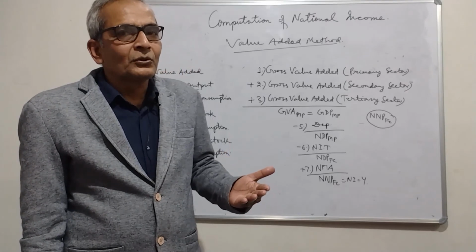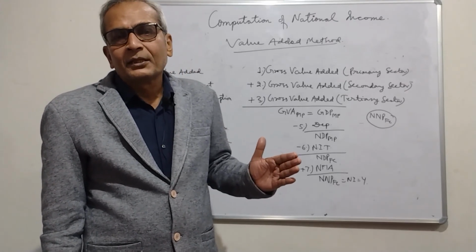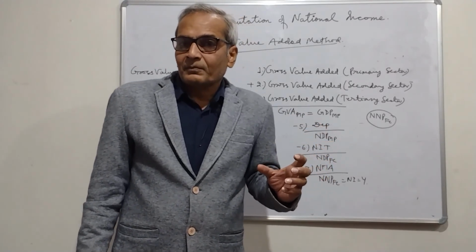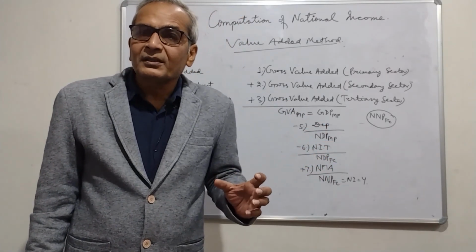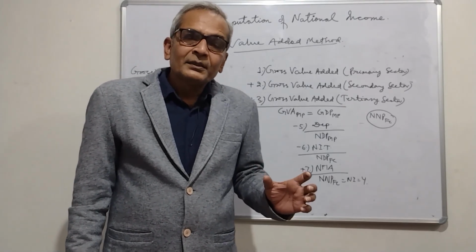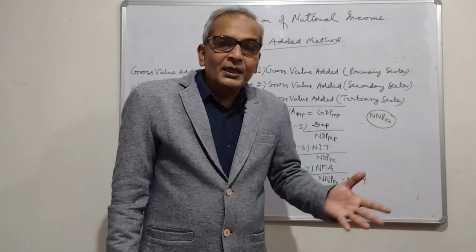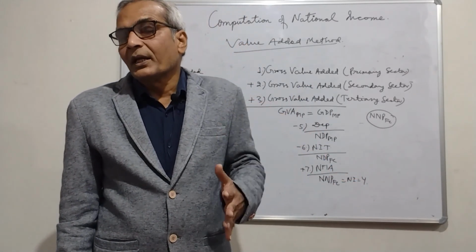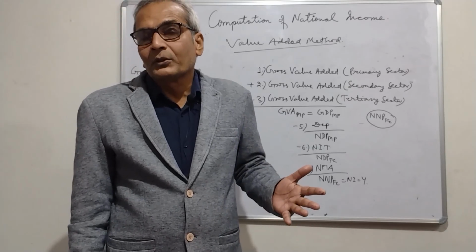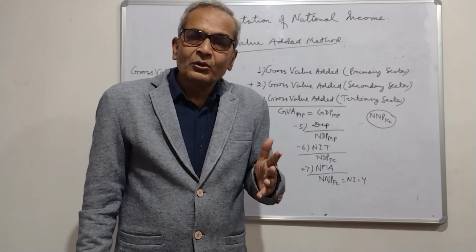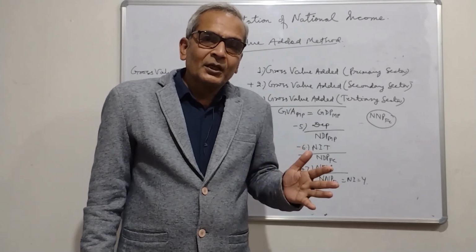In my next video, which will be the last in the series, we will be talking about the various precautions that we are required to follow while taking into account whether an item has to be included or not while calculating national income. So go ahead with the numericals.